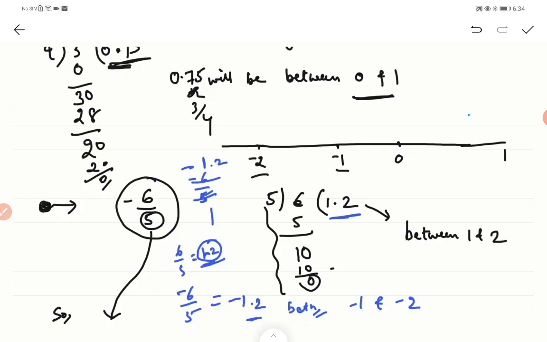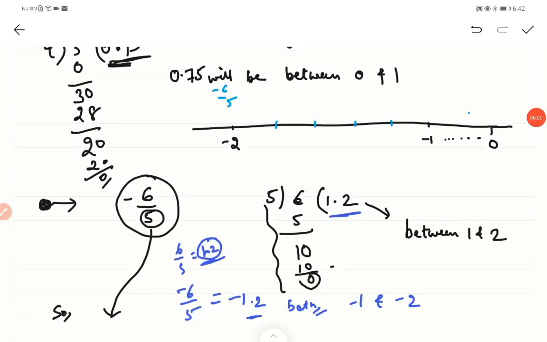I took the distance between -1 and -2 a little more so that it will be clear to see. I need to divide from -1 to -2 into 5 divisions: 1, 2, 3, 4, 5. We divide it into 5 because in the denominator you have 5.